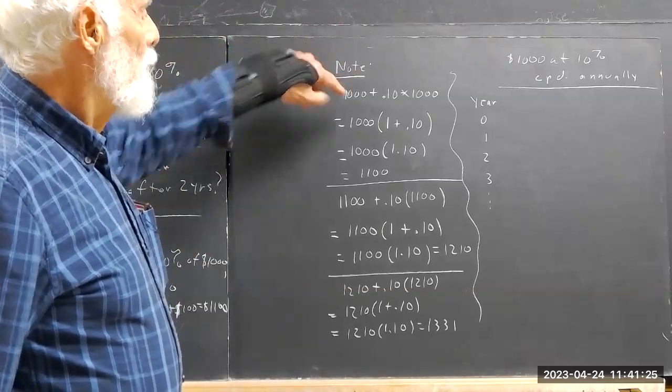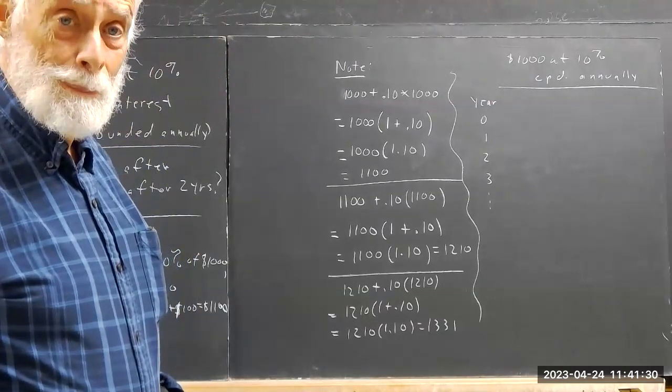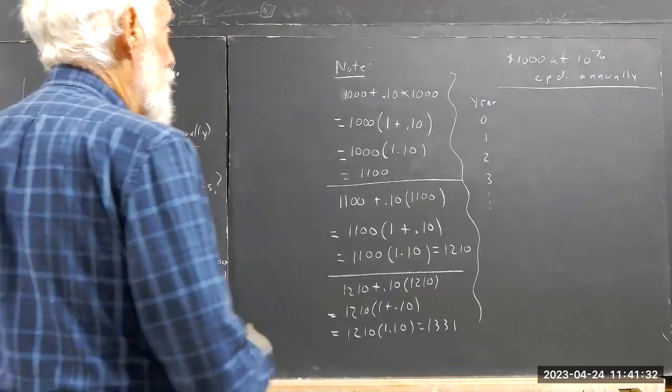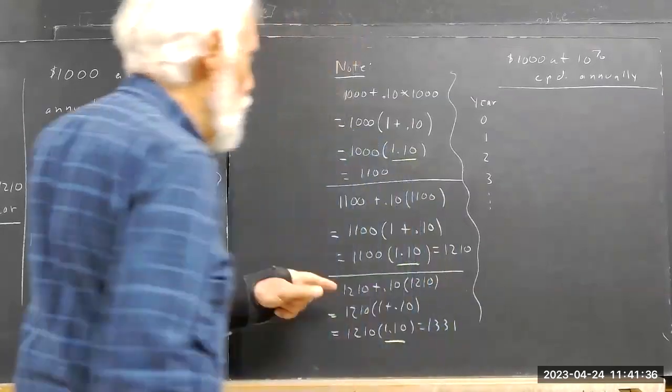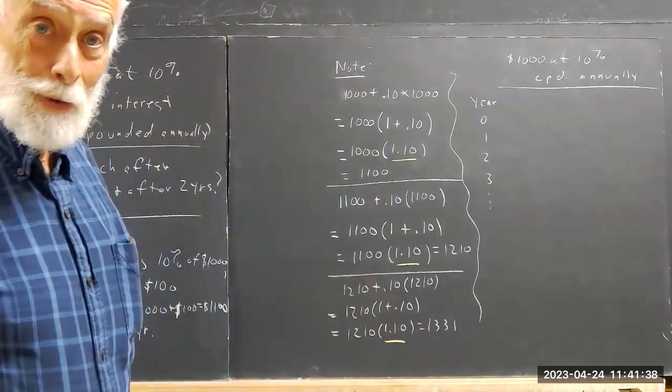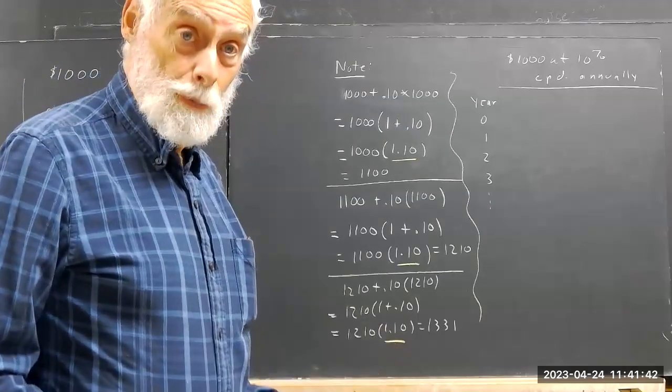Okay. Now, what do we see here? What do these calculations have in common? Well, what they have in common is you've always got that 1.10, no matter what number you add 10% to, you multiply it by 1.10.